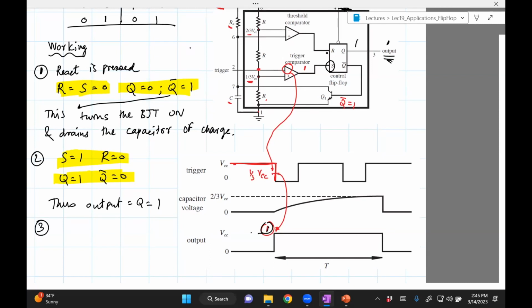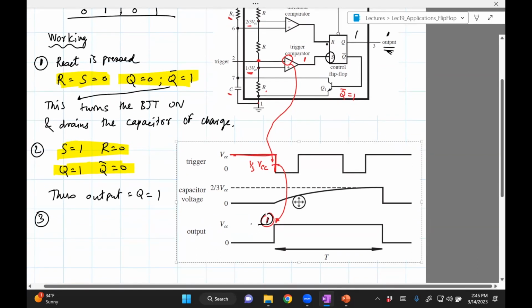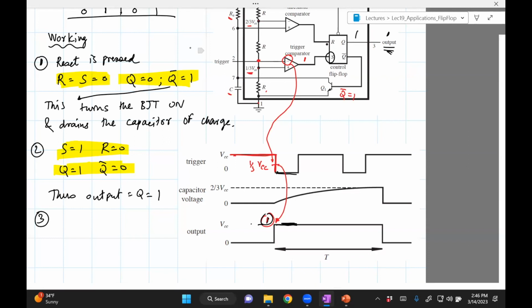Now, next what happens is we have this clock remains 0, so we don't have to worry, it just maintains the state. Nothing special is happening in the SR, it's just going to remember its state. Then, however, here we see that there is a rising edge.